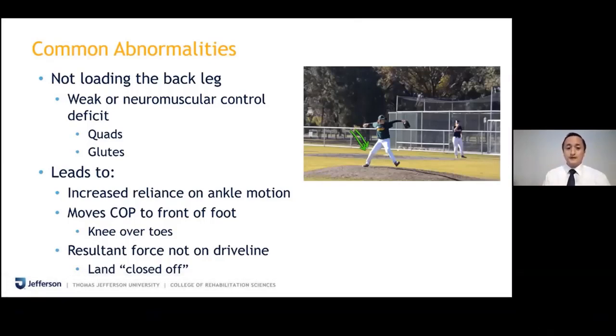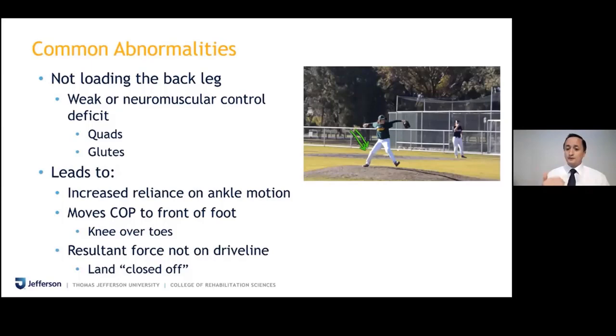position. But what this usually leads to is that you rely a lot on ankle motion. When you're not moving through your knee and your hip, because you're not bringing that center of mass down and keeping your center of pressure over your heel, you're going to force most of the motion through your ankle.